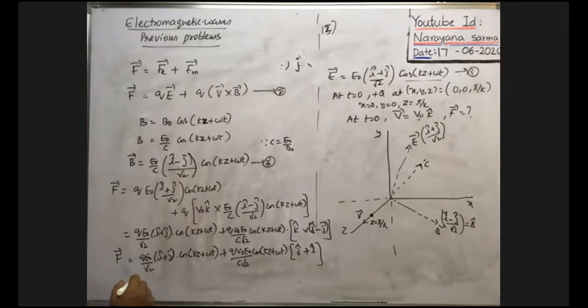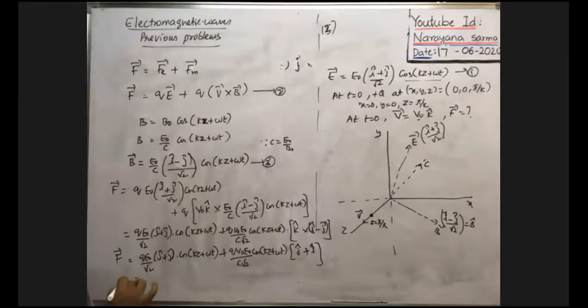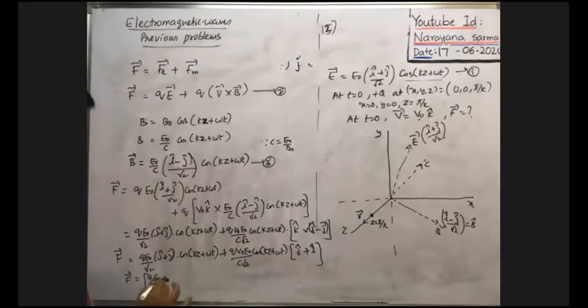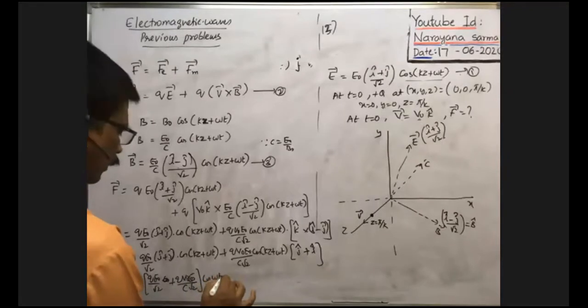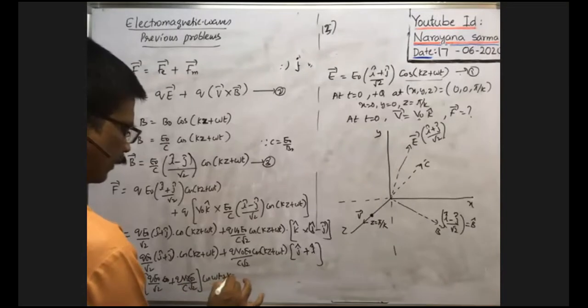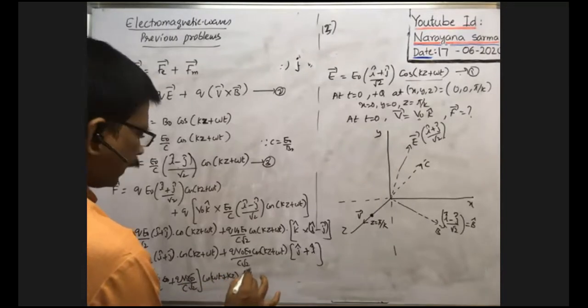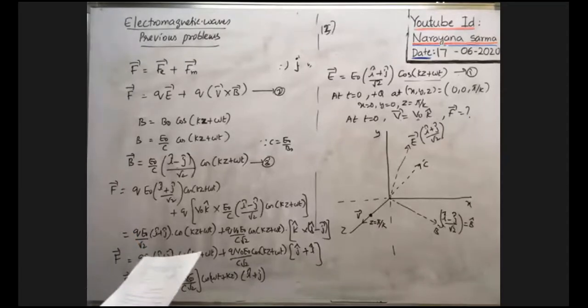Therefore, in these two terms we can take i cap plus j cap common. Therefore F bar is equal to Q E naught by root 2 into cos, we can take cos also common, plus Q v naught E naught by c root 2 into cos(ωt + kz), into (i cap plus j cap).